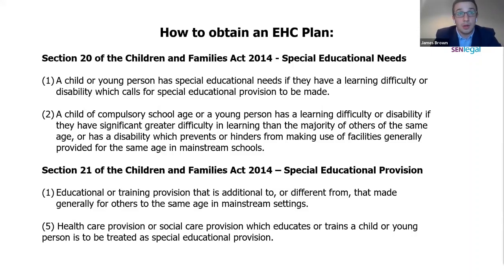But the local authority was saying to the parent, this is all health provision, all she needs is a healthcare plan, and the school should just take care of her. But in fact, what she did need was dedicated full-time one-to-one support in the classroom, and also help to catch up when she was missing learning. So we were successful in the tribunal in getting an EHC plan for that.